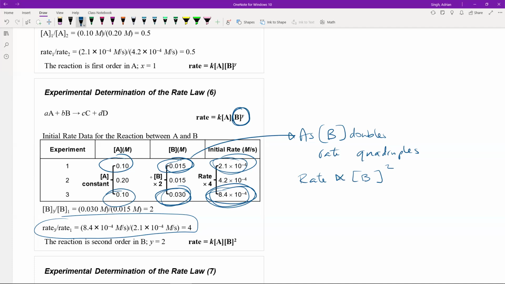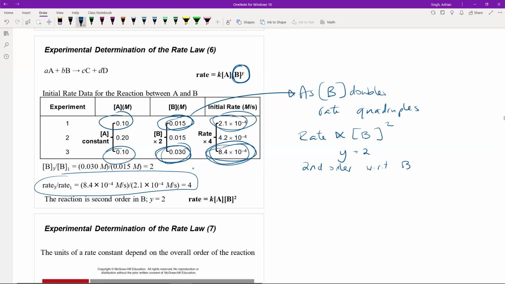So what this means then is that y equals 2, so we can say it's second order with respect to B, and it was first order with respect to A, as we saw previously.